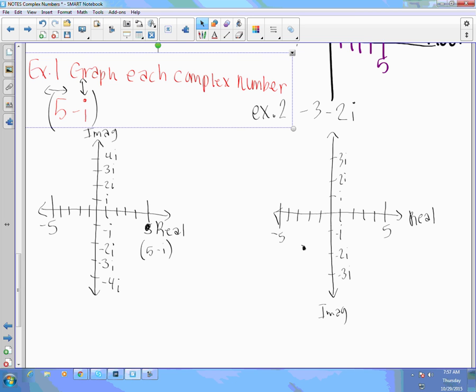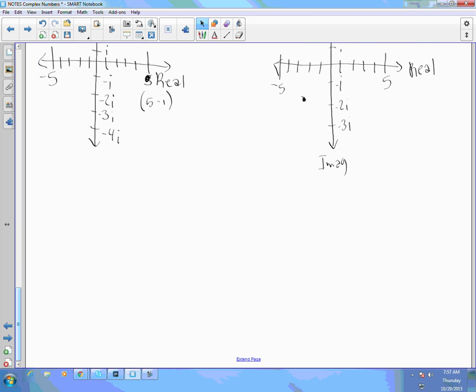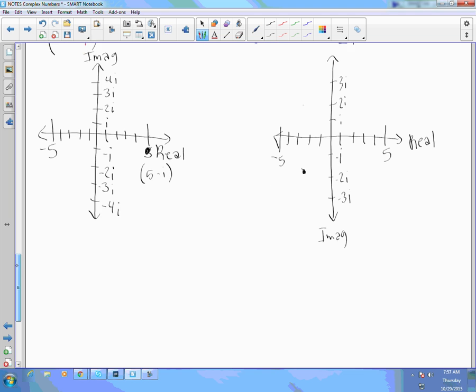So if we are on a two-dimensional graph like these, our distance from 0 would be the distance from the origin, right? Because the origin would be 0, 0. So we're going to find the absolute value of each of these points. It comes from the Pythagorean theorem.